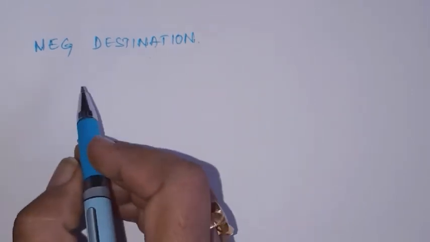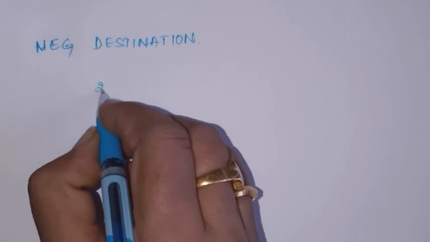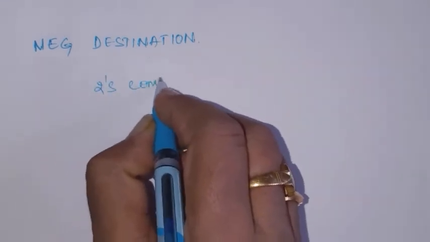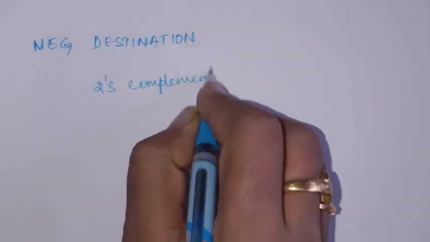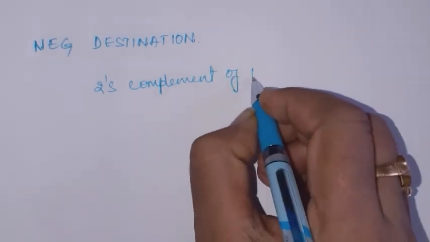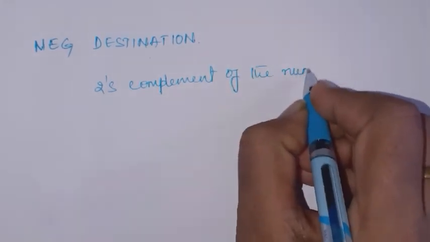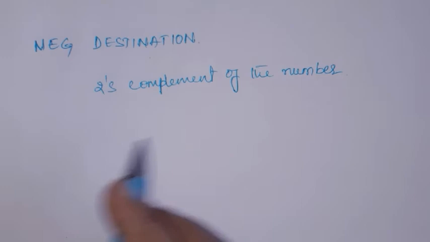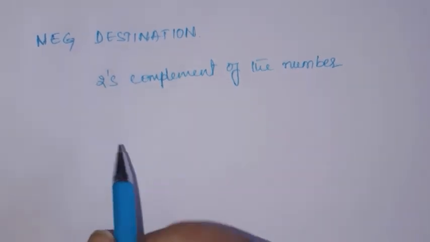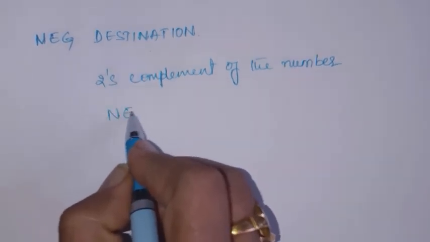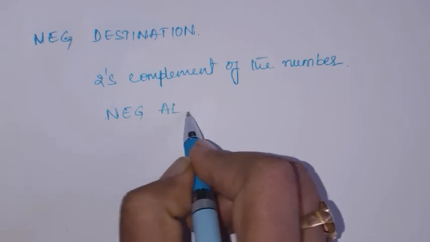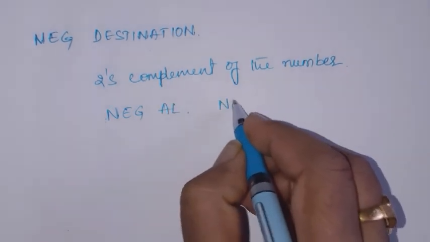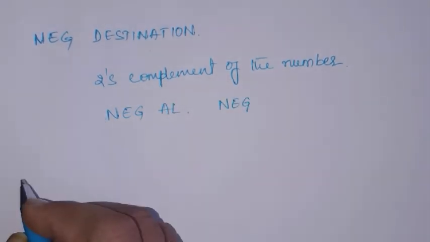Okay, so 2's complement of the number is performed and placed in the destination. Here it can be negate register or it can be a memory location.